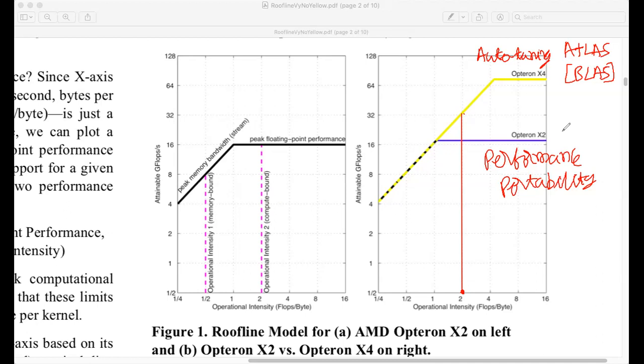The code might be the same, but instead of having one compute unit, you may want 4 compute units, so that you can use the underlying system's capability to the best possible extent.